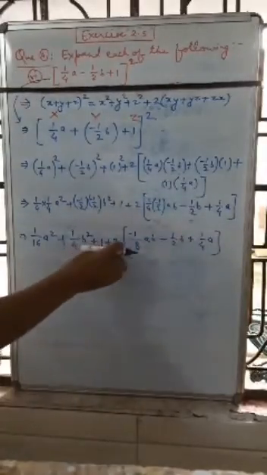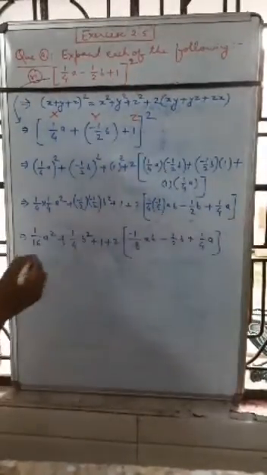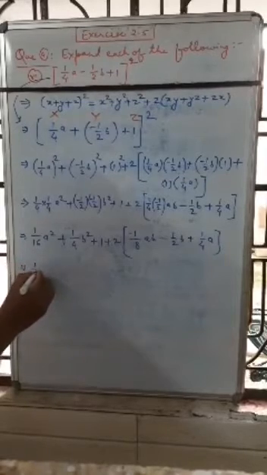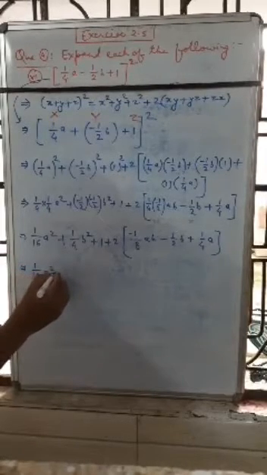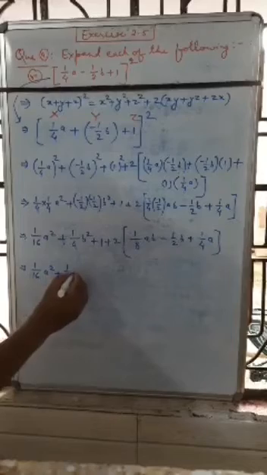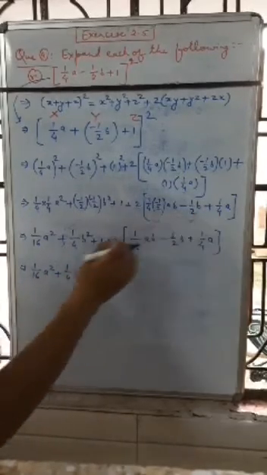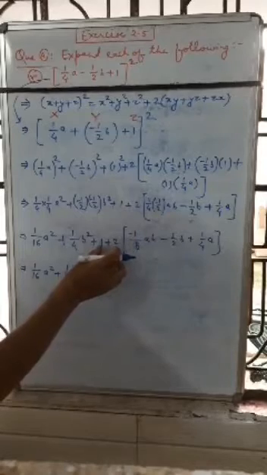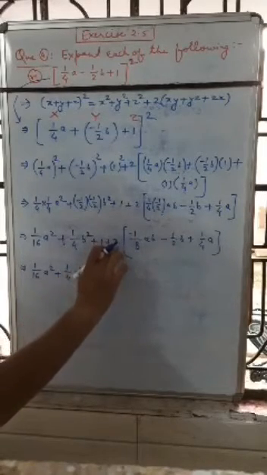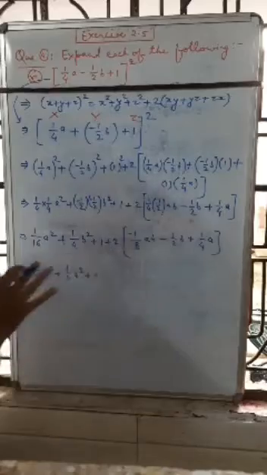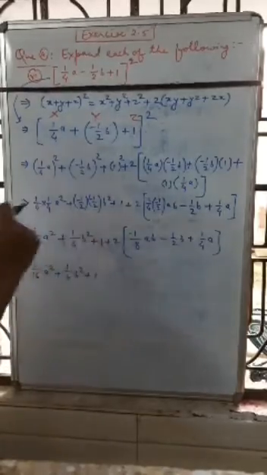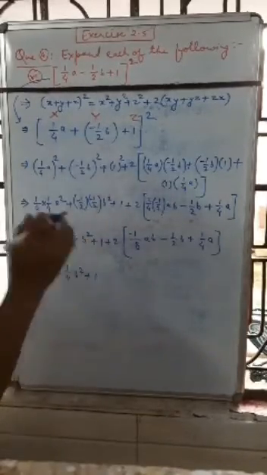Now multiply 2 inside the bracket and open it: 1 by 16a square plus 1 by 4b square plus 1, and 2 will be multiplied inside the bracket. You can't add 1 plus 2 equal to 3 here. First you have to multiply inside the bracket, then if you get any constant, you can add it with 1.